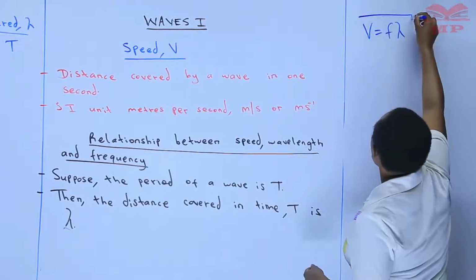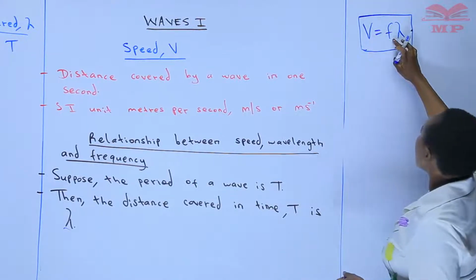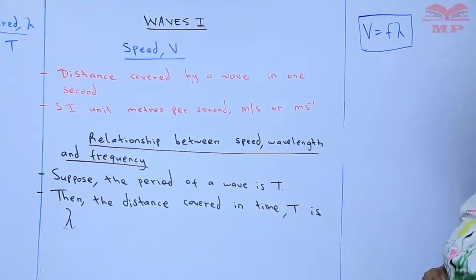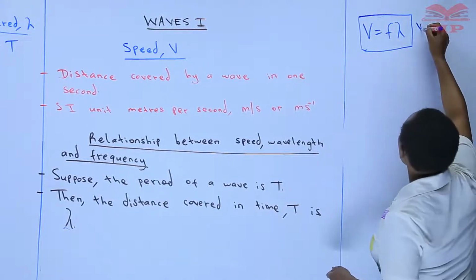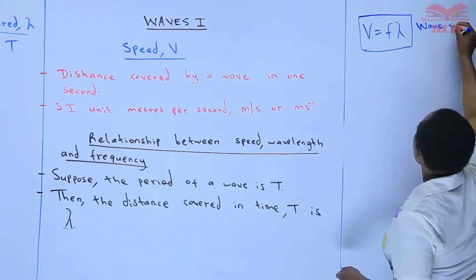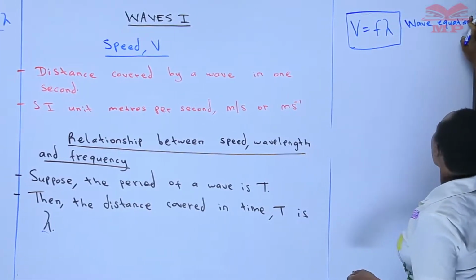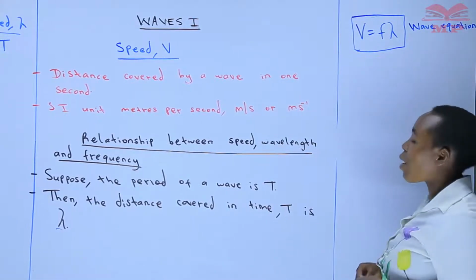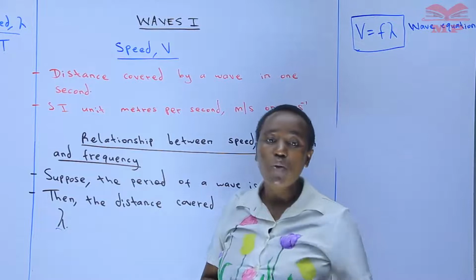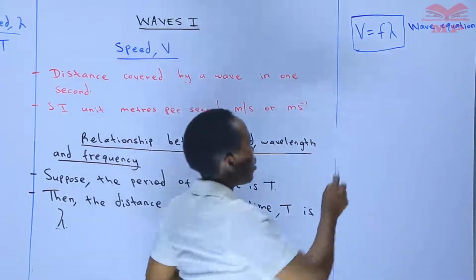And this is the relationship that exists between the speed, frequency, and the wavelength. This equation is referred to as the wave equation. It applies for all waves, whereby speed is equal to frequency multiplied by wavelength.